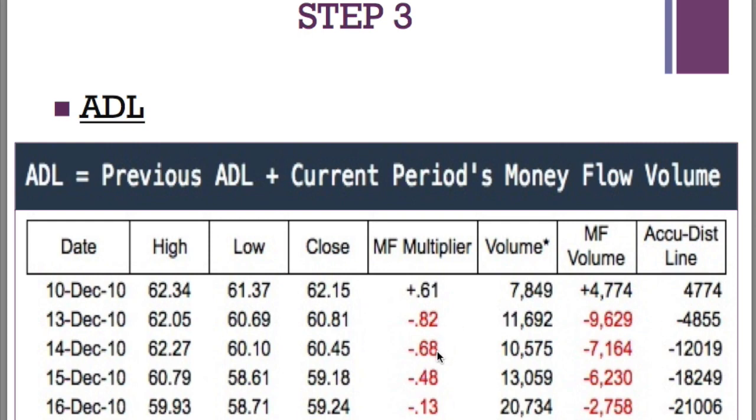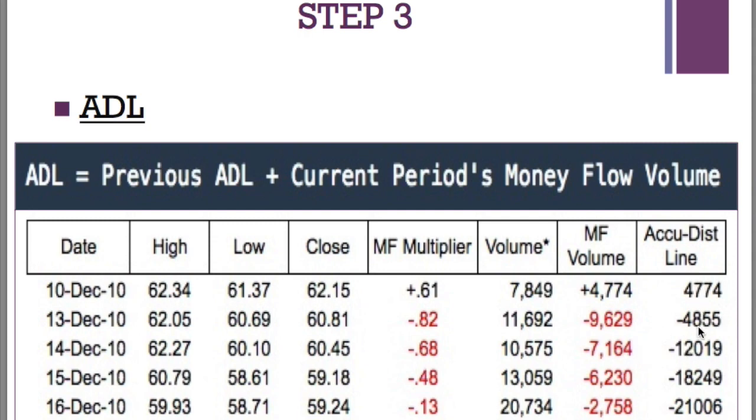Then we go to the next period. You calculate in step 1 the money flow multiplier, and you multiply this by the volume to get the money flow volume. This is now the current period's money flow volume, and you add to this the previous ADL. And so this plus this gives this.